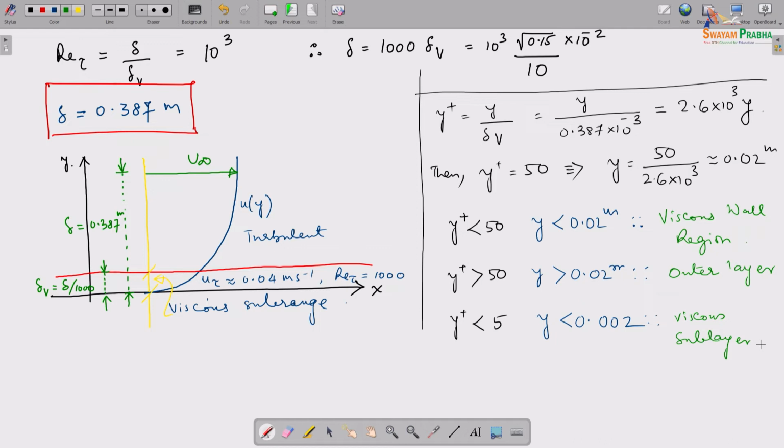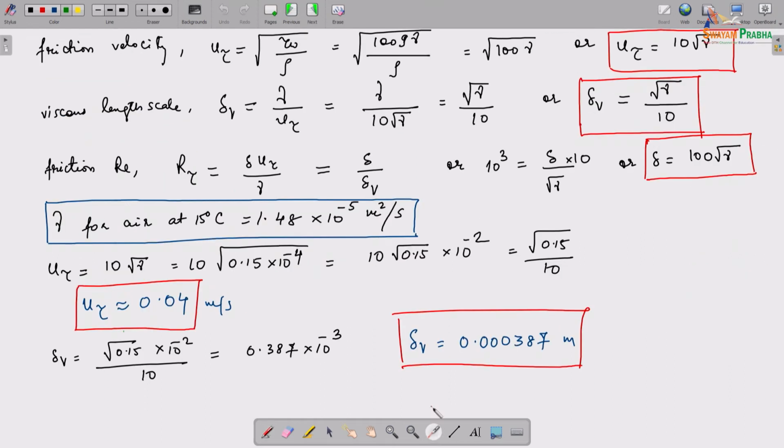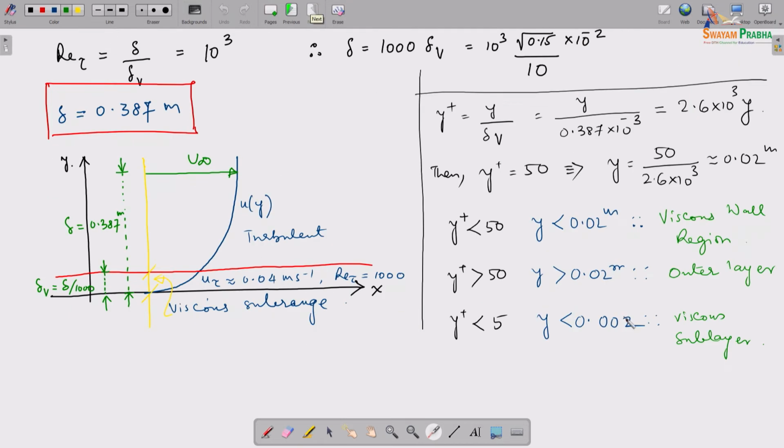So delta V is this, which is definitely much less than 0.002 in this particular case. So the delta V that I have here corresponds to the viscous sublayer, and till about 0.02 we have a viscous wall region, the rest of it is the outer layer.